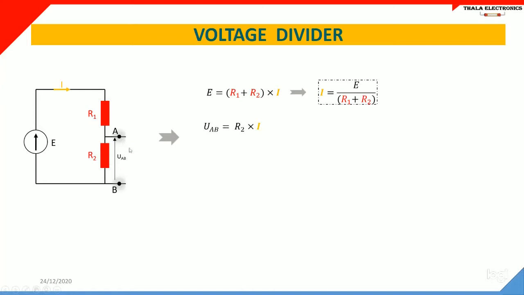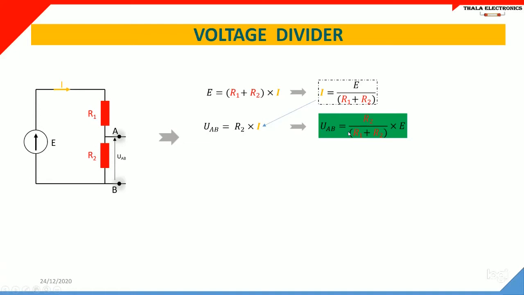Now, the DDP between points A and B equals R2 multiplied by the current flowing through resistance 2. Now we know the formula of the current, let's replace it in this second formula. We get a final formula, which is the voltage divider formula.